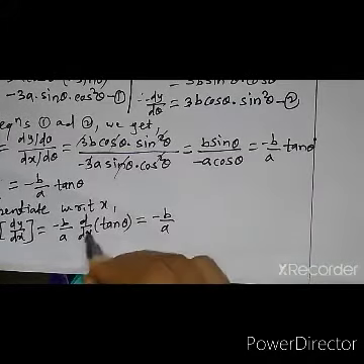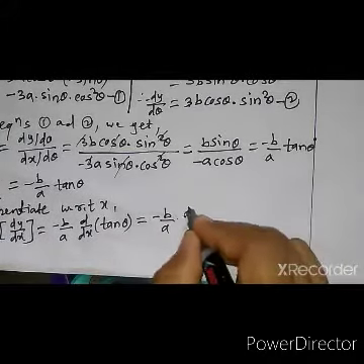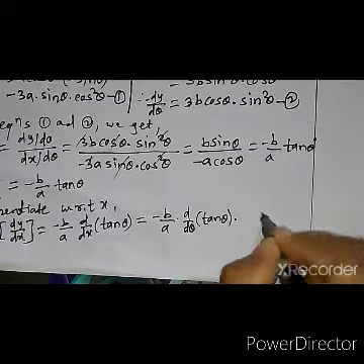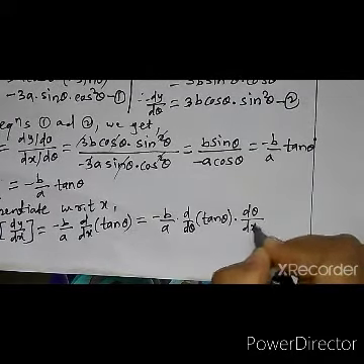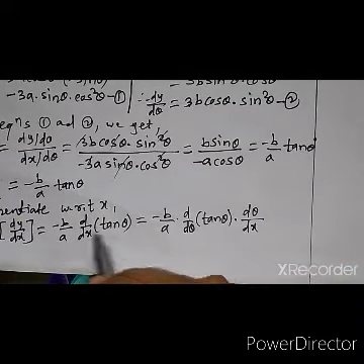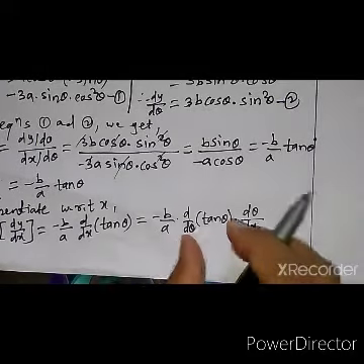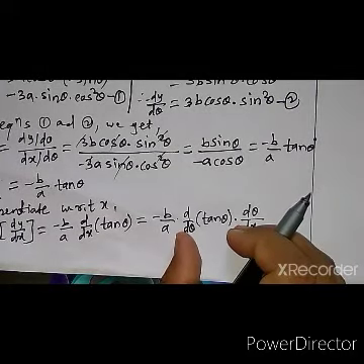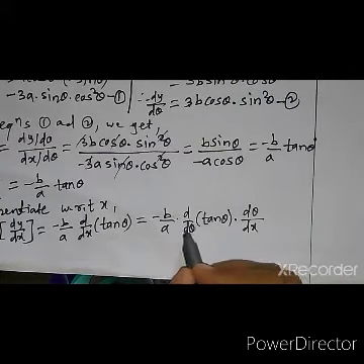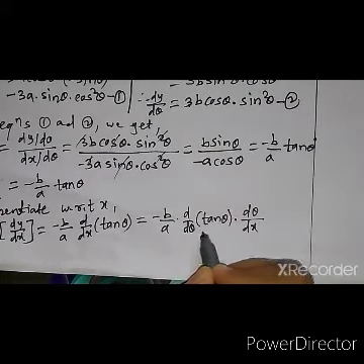minus b upon a, d upon dx, that is d by d theta of tan theta into d theta upon dx. So d upon d theta into d theta upon dx is d by dx. So here we have tan theta, so we have to write the derivative with respect to theta.